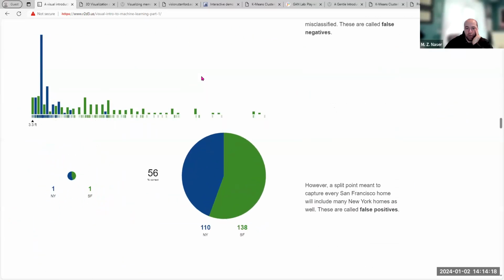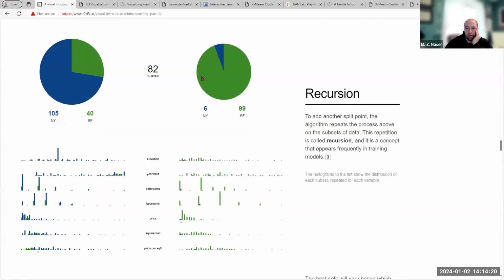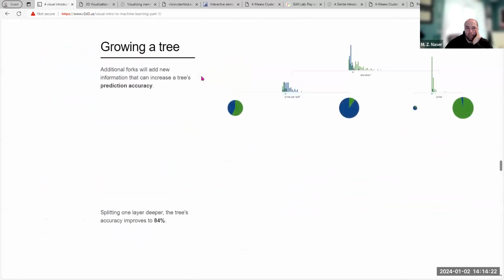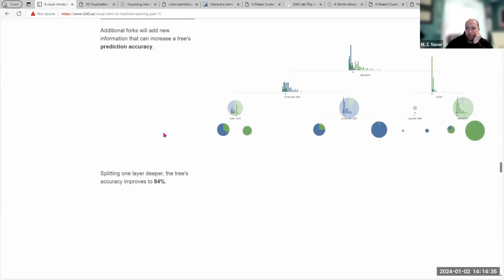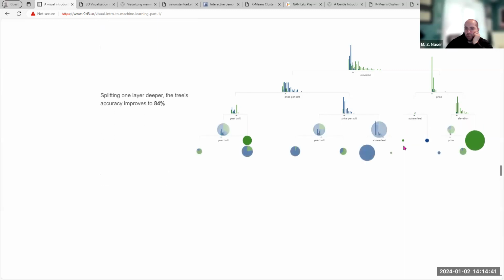So let's say we have some data. Here we go. I believe this is for houses. So we have it based on elevation, prices, and square feet. So you can split the decision. The further you go down, let's say year built, price per square feet, elevations, the more you have nodes and leaves.